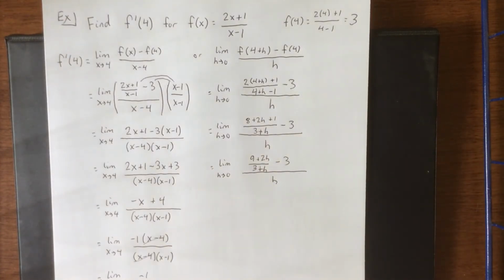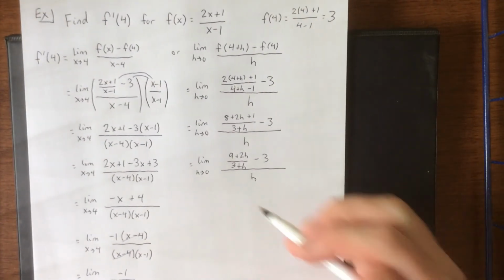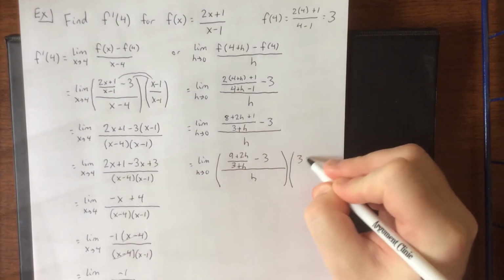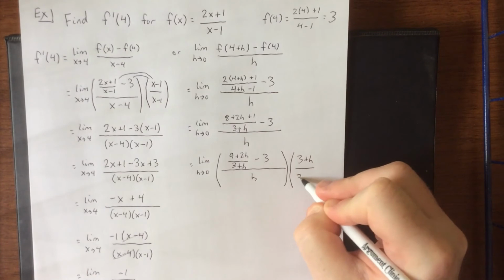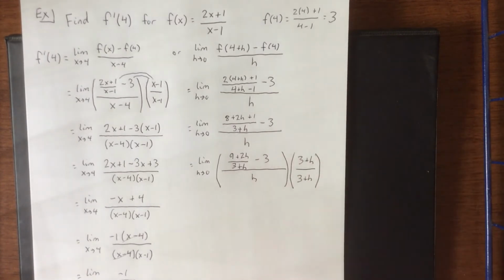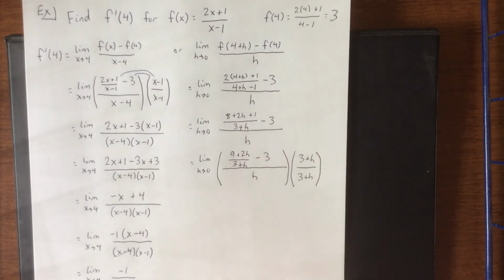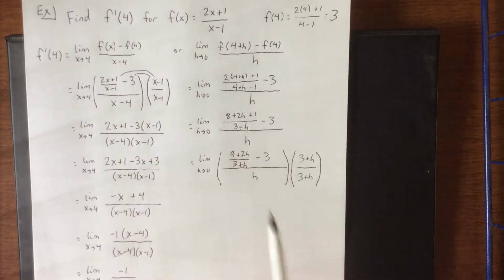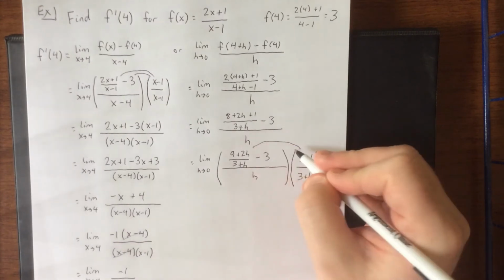Once we're at this step, I think now is a good time to get rid of the fraction inside of the fraction. So we'll multiply top and bottom by 3 plus h. And like we saw back here at this step, this is going to distribute through to both of the terms that are in the numerator.